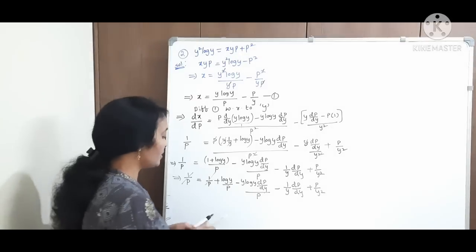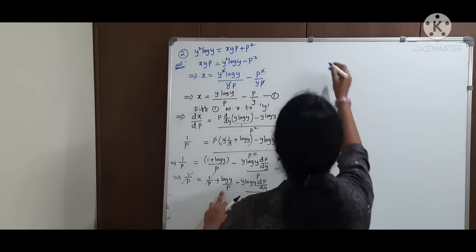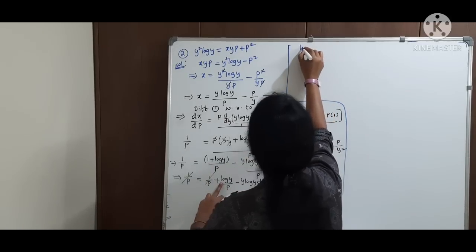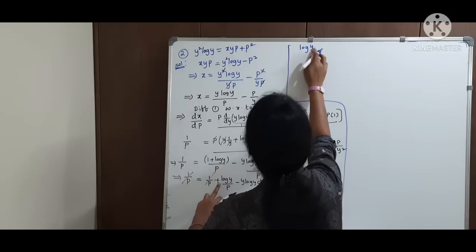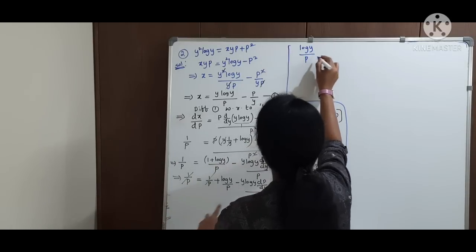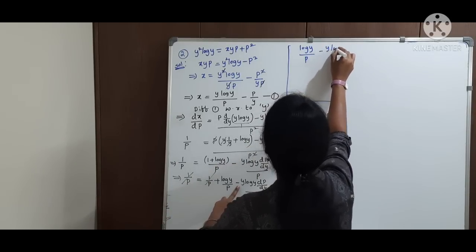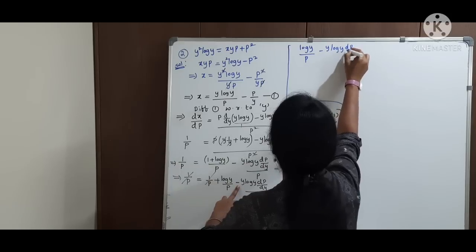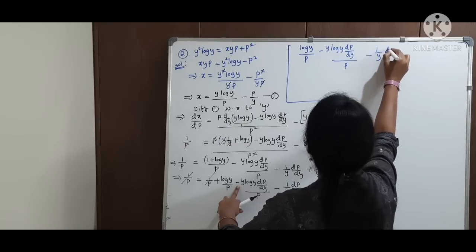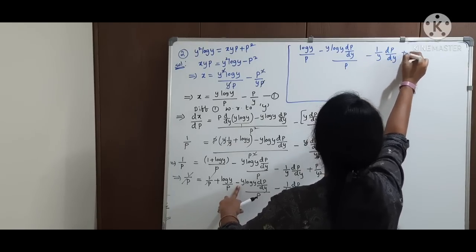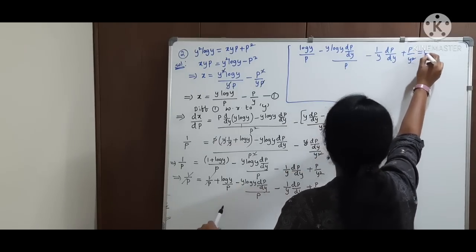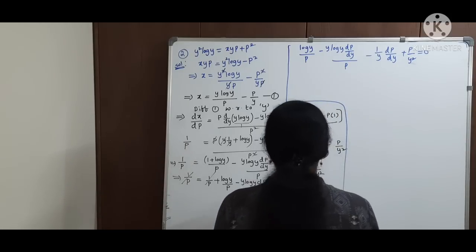Then what are the remaining terms here? Log y by p minus y log y dp by dy by p minus 1 by y dp upon dy plus p by y square, that is equal to 0.